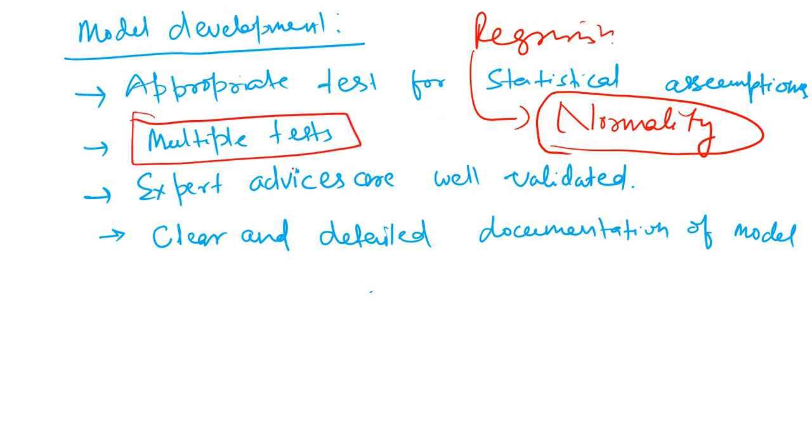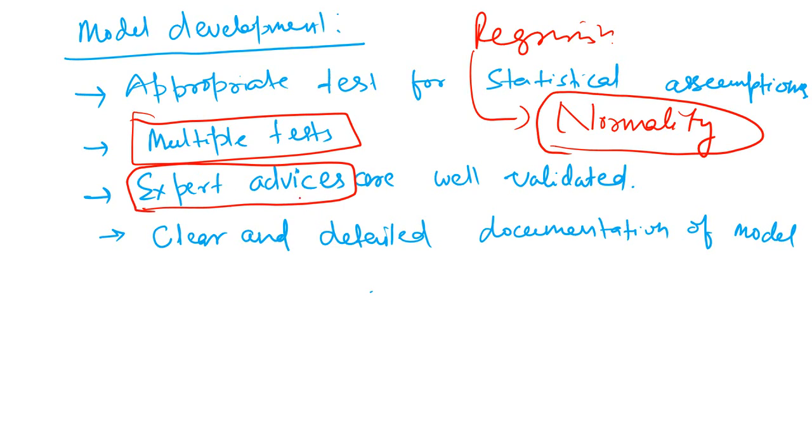For normality, you have so many tests, right? So one should ensure that he does all the tests to ensure that he's correct, because one test might fail, or one test says that it's normal but other tests say it's not normal. Then there should be a proper scrutiny. And then many times expert advice is taken into consideration while building a model.